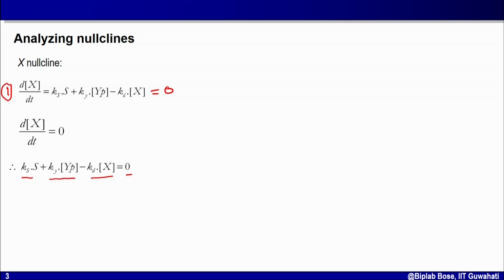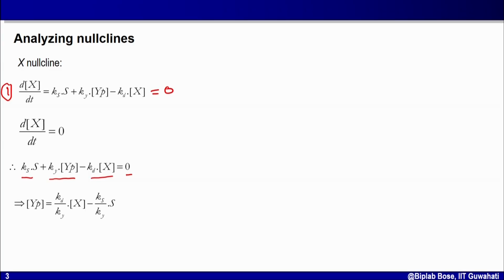I will now rearrange terms so that I get yp on one side of the equal to sign and x on the other side, and it is very simple. You can see the rearrangement here is very simple. So I get yp is equal to kd by ky into x minus ks by ky into s. It is a simple straight line equation, where this part, ks by ky into s, is essentially representing the intercept, and this whole term, kd by ky, is actually the slope.